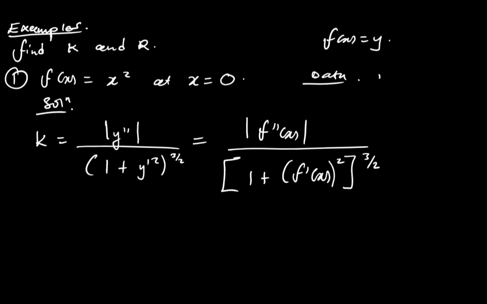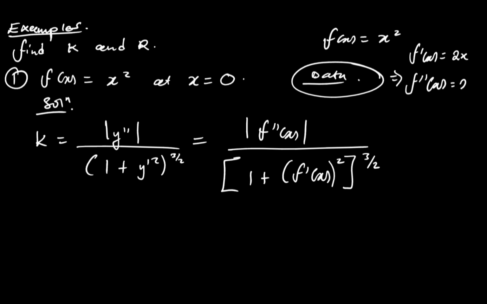So with this in mind, let us find firstly the first derivative. We know that f of x is equal to x squared. So f prime of x will be equivalent to 2x. That's the first derivative. And the second derivative will be equivalent to just 2.